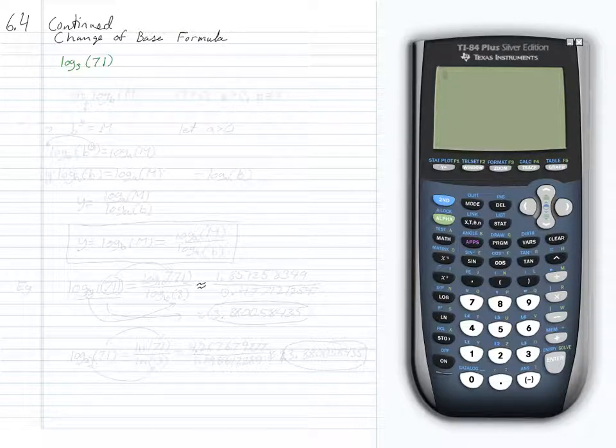So, suppose we have a logarithmic equation, say y equals log base b of m, where m is greater than 0, b is greater than 0, and not equal to 1. Then we can infer the exponential equation b to the y equals m.